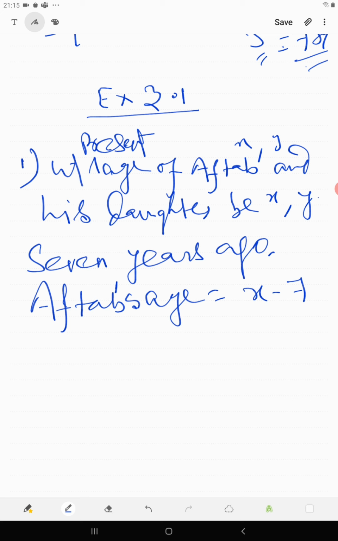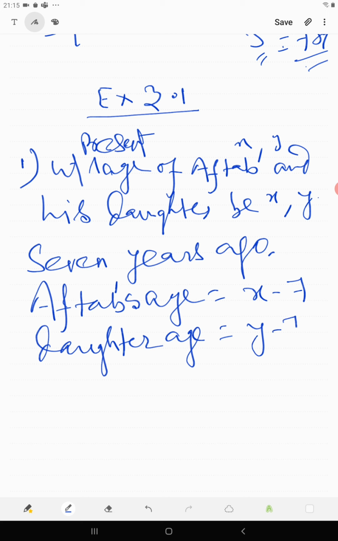Similarly, if Aftab's present age is X, then 7 years ago, Aftab's age will be X minus 7. Similarly, Aftab's daughter's age will be Y minus 7. Subtract 7 from the present age, you will get the age 7 years ago. So this is the current thing.